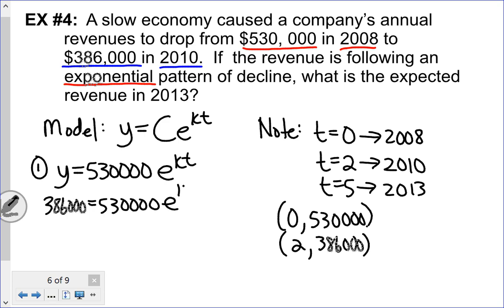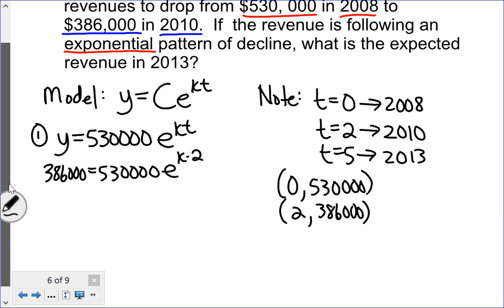We want to solve this one for K also. So we're going to solve by dividing both sides by 530,000. So we're going to get 386 over 530 equals e to the 2k. Then do your ln again. So ln of 386 over 530 is going to equal 2k.